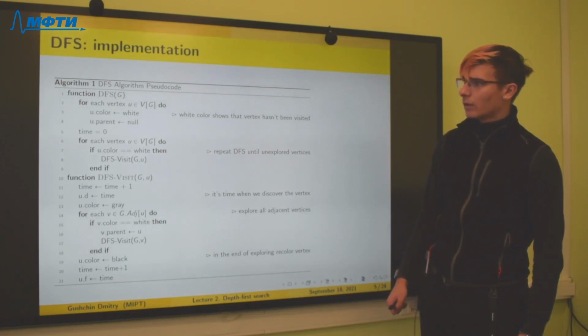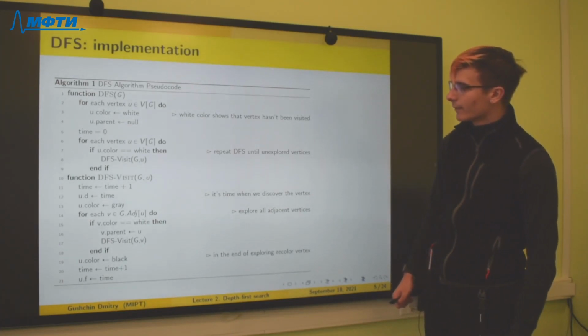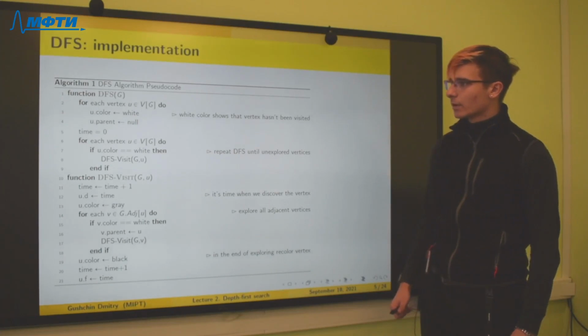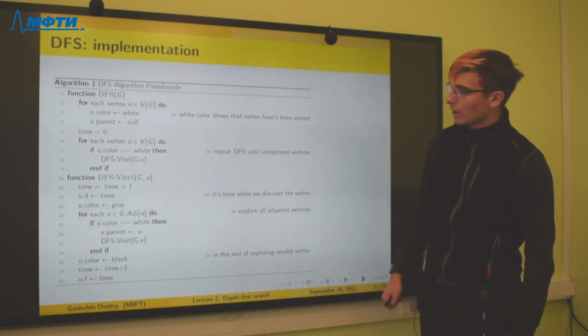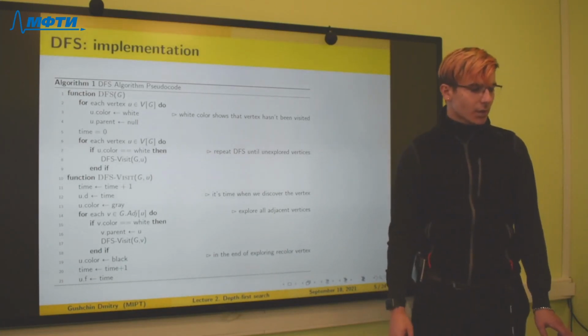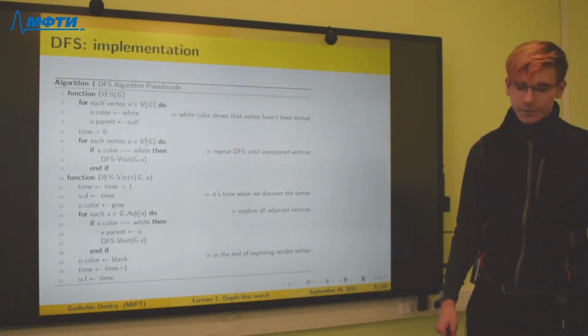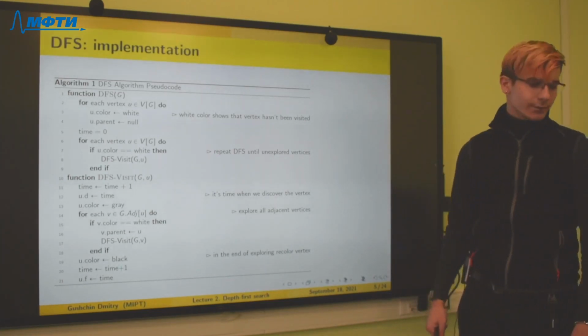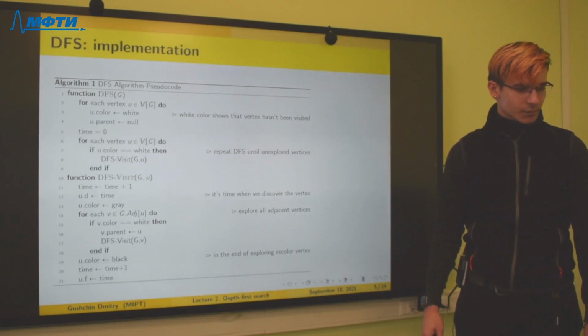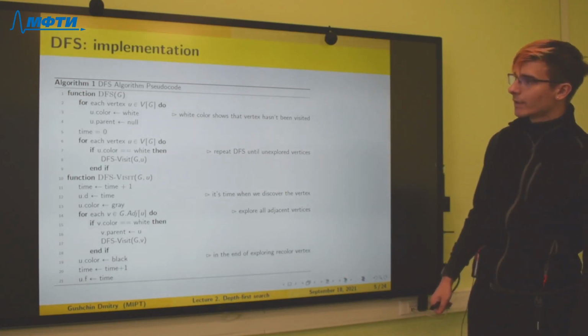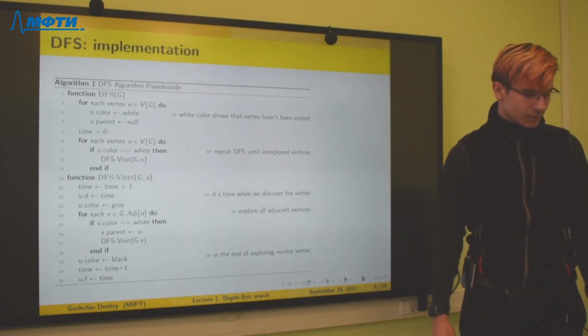So at the end of DFS, each vertex has two times: when we start to explore it and when we finish exploring this vertex and the vertices adjacent to it.